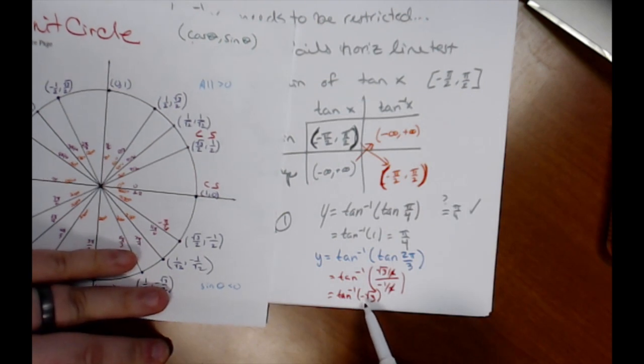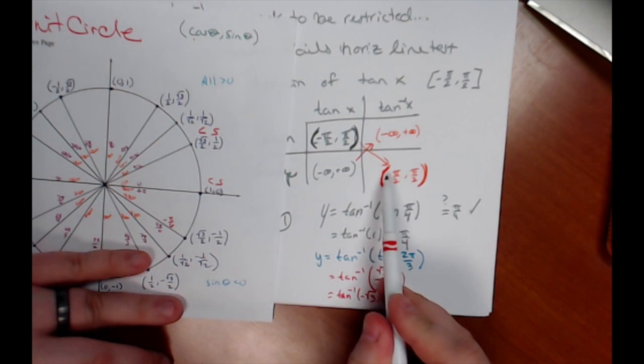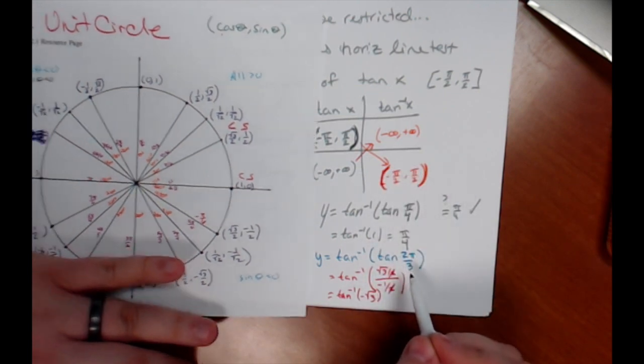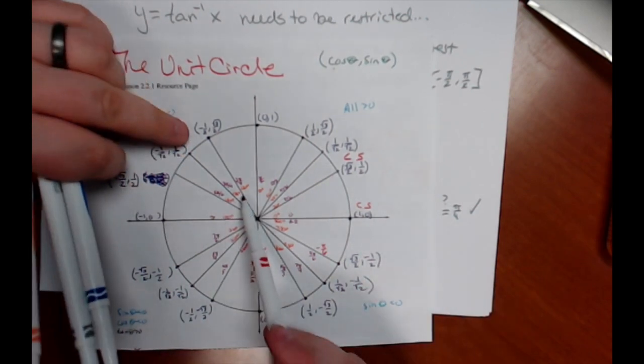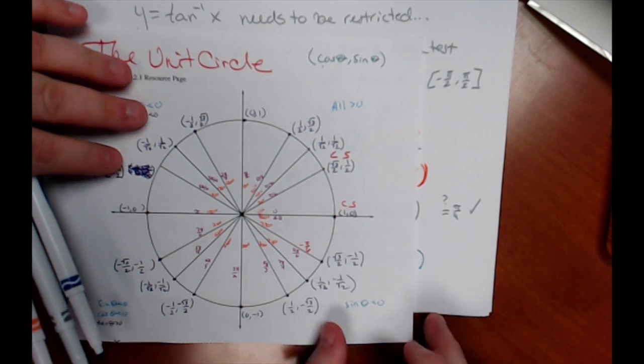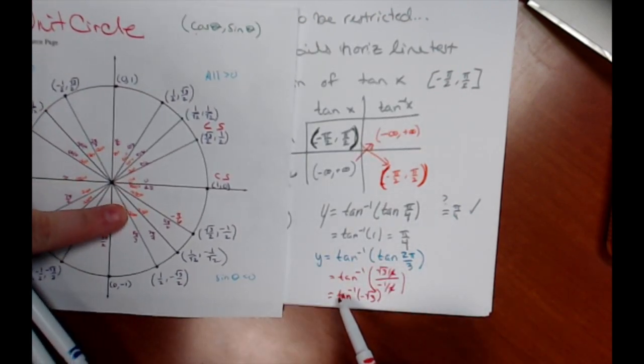So arctangent of negative root 3 is now going to give us a value between negative pi over 2 and pi over 2. 2 pi over 3 is bigger than pi over 2. So what value is it going to return?